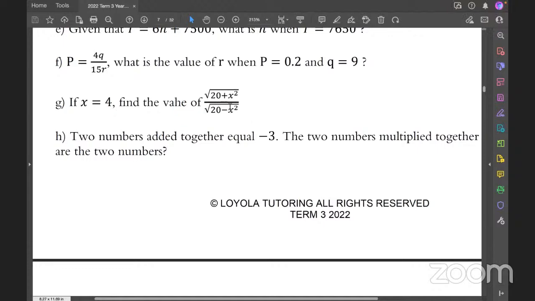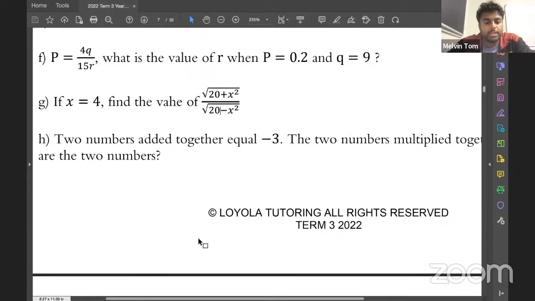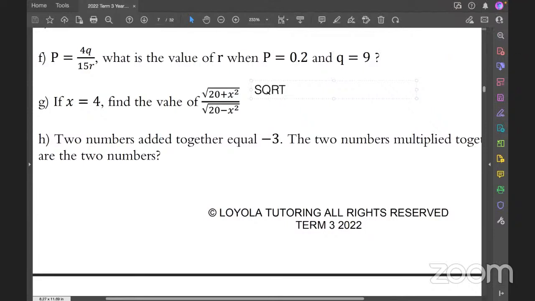Okay, so all you've got to do is put the values in the question. At the very top, you have 20 plus x squared. What's x squared? X times 2. Yeah. So x is 4. So 4 squared is 16.